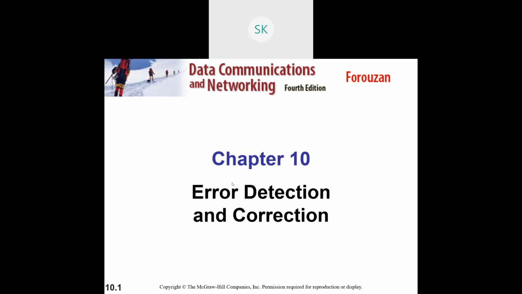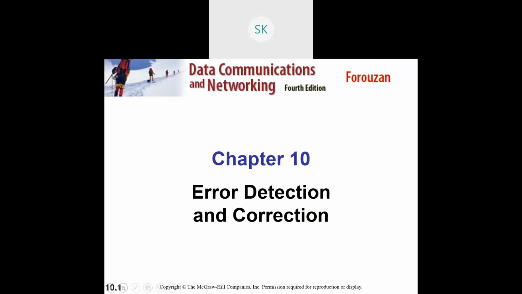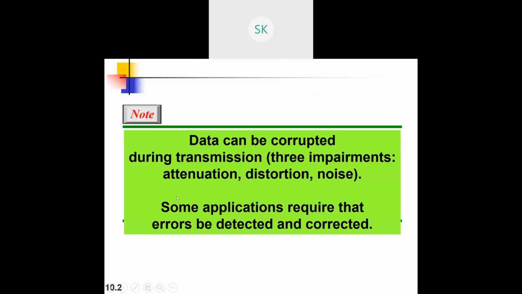This is the 10th chapter in the prescribed textbook that has been given. Okay, so we'll quickly move to the next slide. Data can be corrupted during transmission. How? Because of the three impairments that we have already studied.